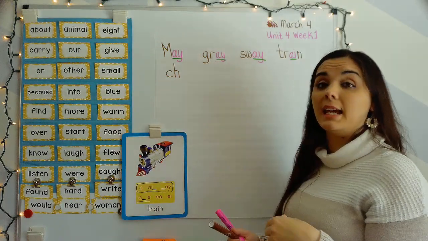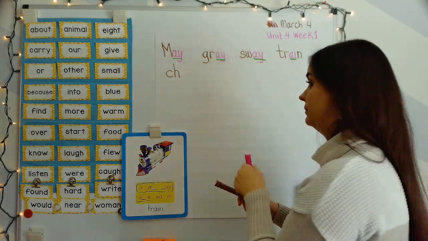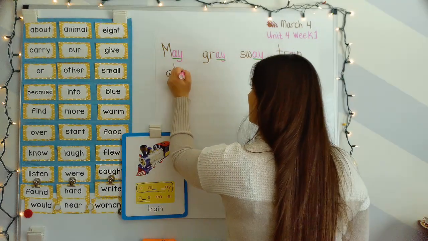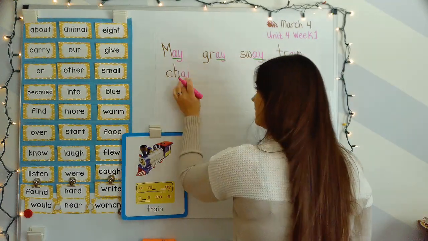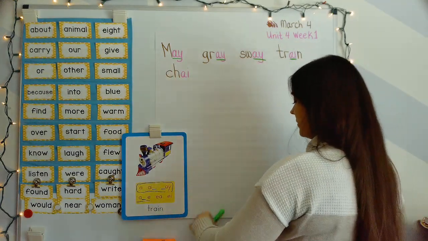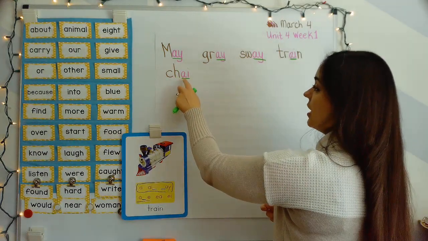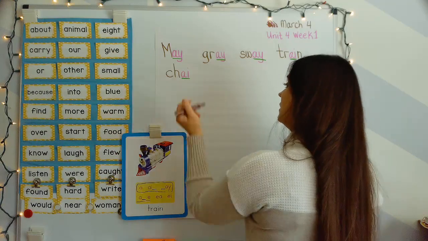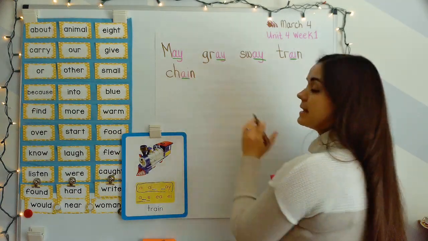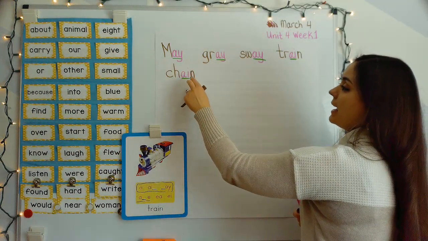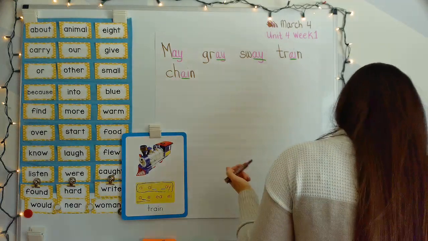You just have to know that CH will say cha. AI, a vowel team, works together to say long A, cha, A, and says cha, A, chain.